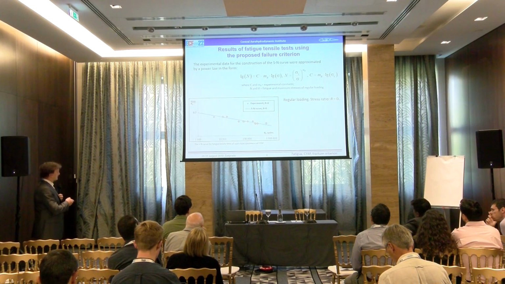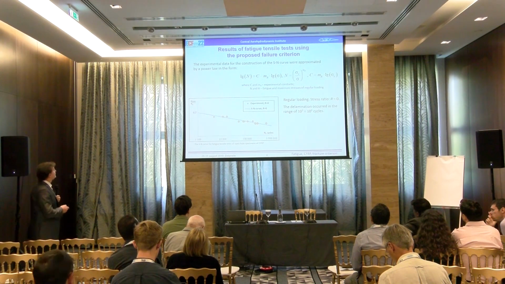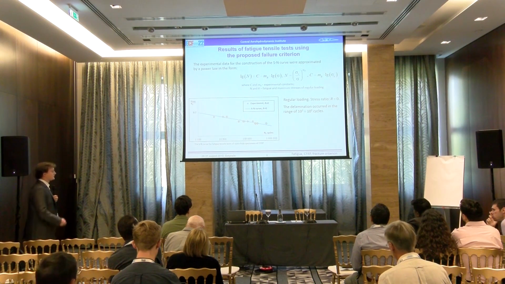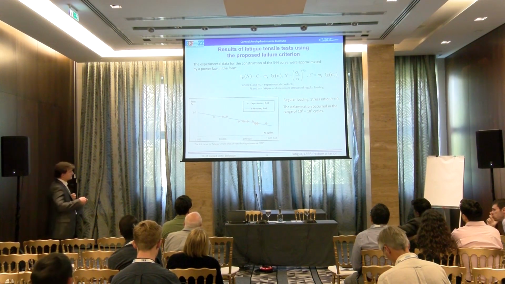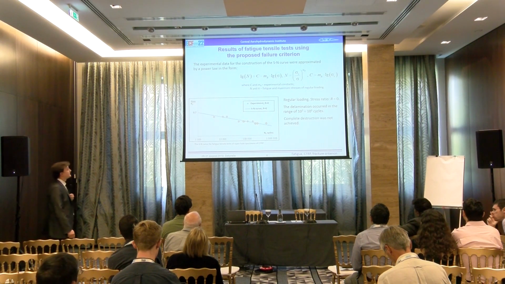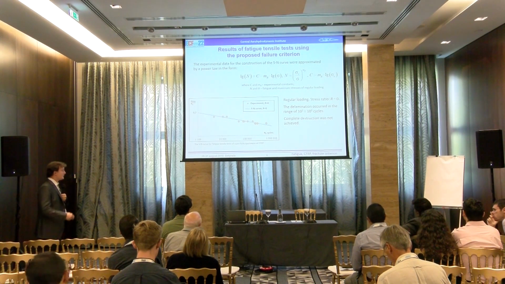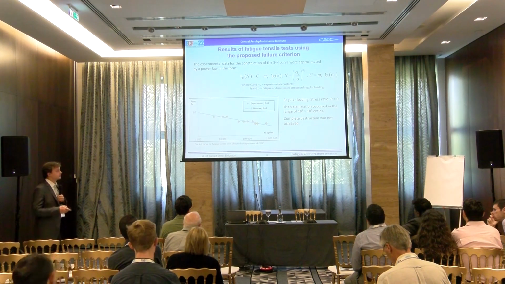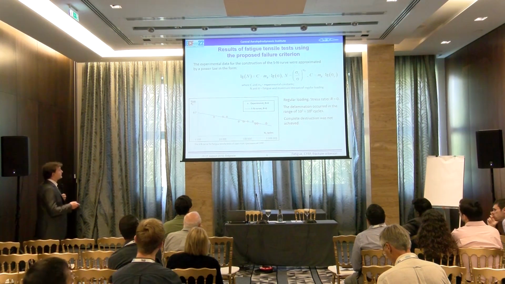The level of loading was chosen in such a way as to get into this range. And of course, I should note that complete destruction was not achieved. Only this failure criterion was used.